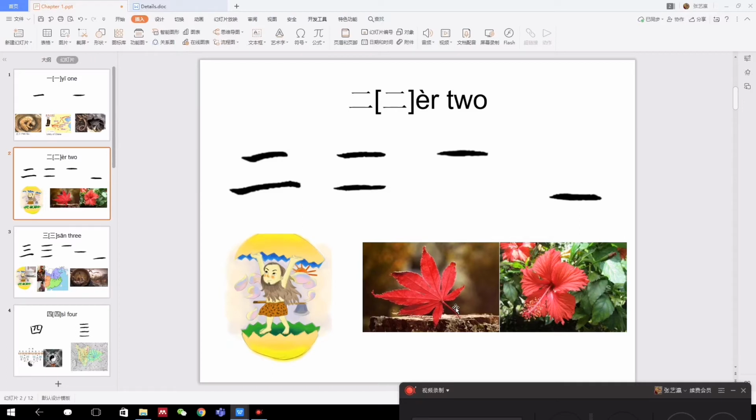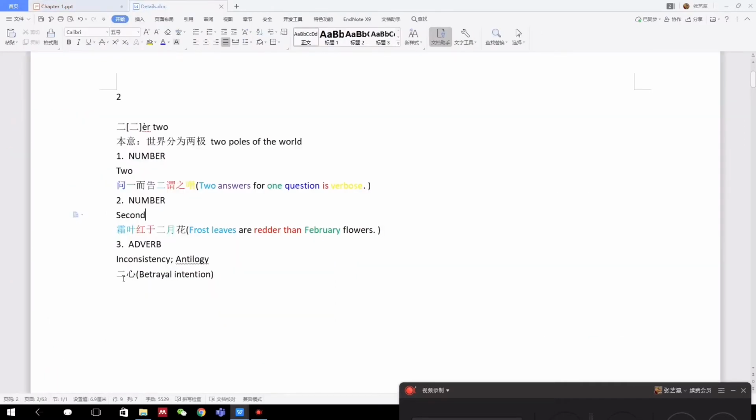Obviously, the writer prefers the frost leaves, and they are more beautiful than the February flowers. And 二 can also mean disunity. For example, 二心, betrayal intention. If you have two hearts, you are going to betray your first love.